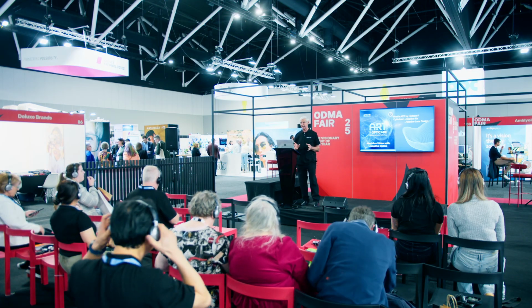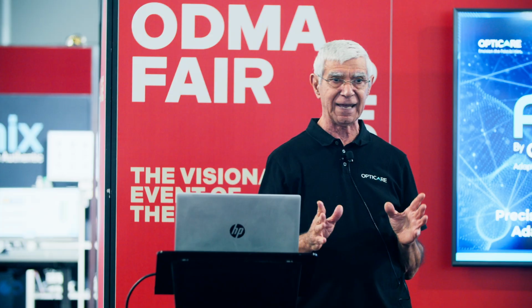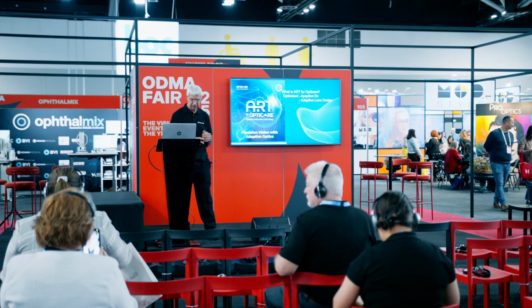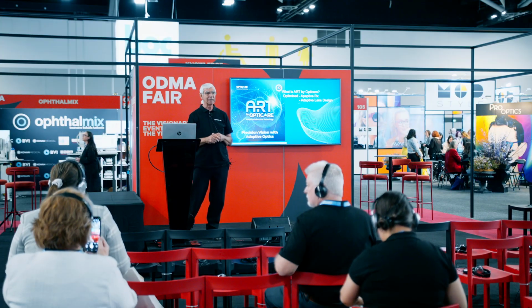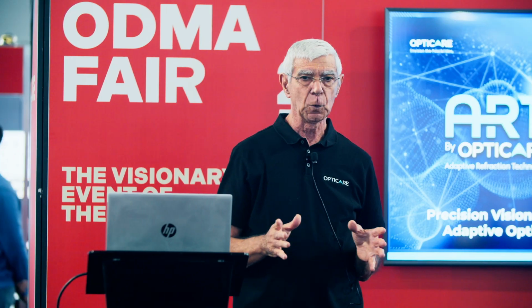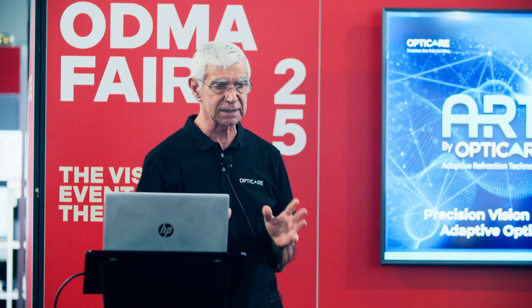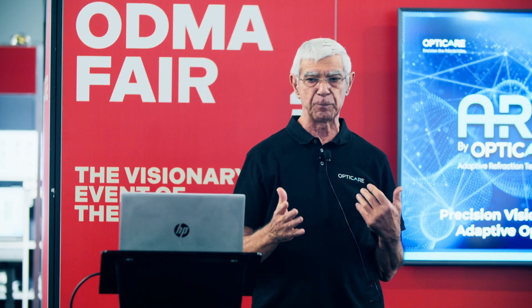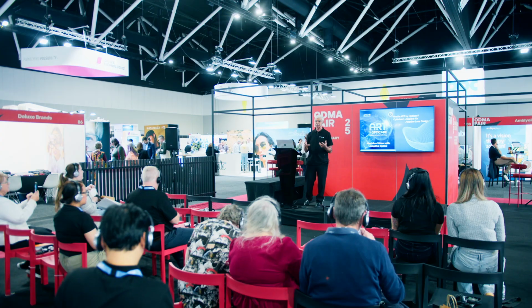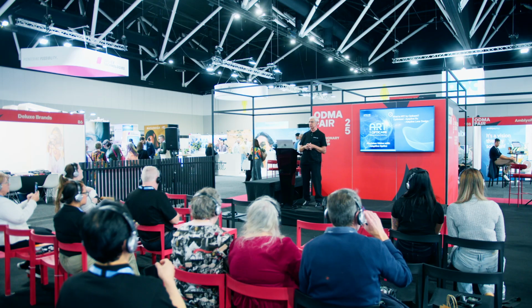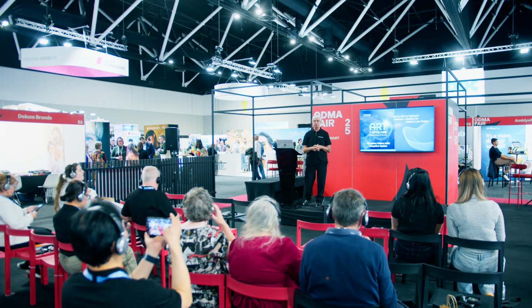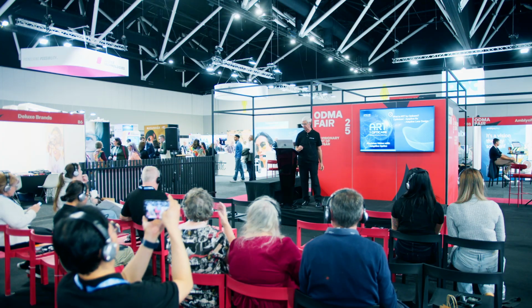One is adapting the actual prescription to be the best possible option we've got, and I'll go through the science of that in the next few slides, and then linking that up with the best possible lens designs available so that we can incorporate both of these together to create the best solution in terms of what the patient can wear comfortably and get the best possible outcome.